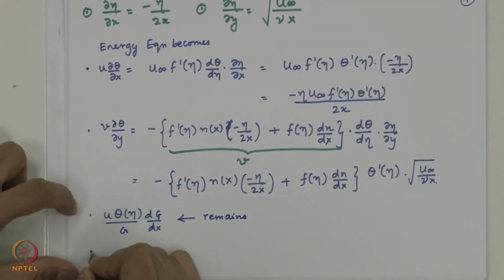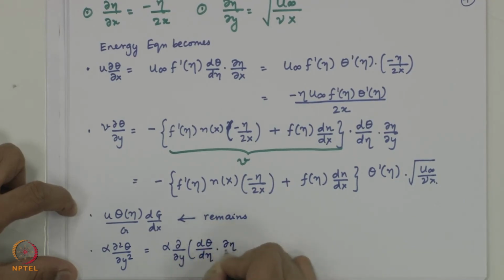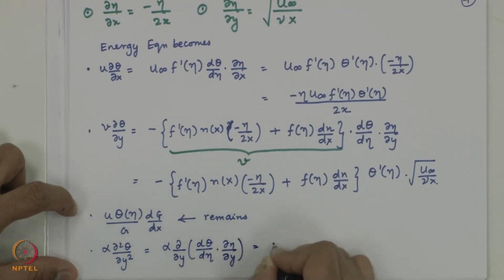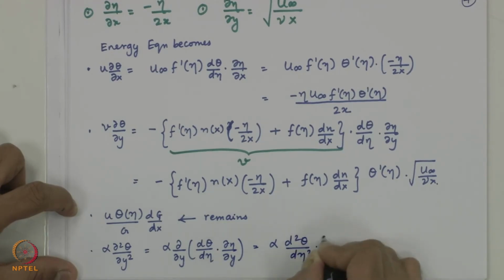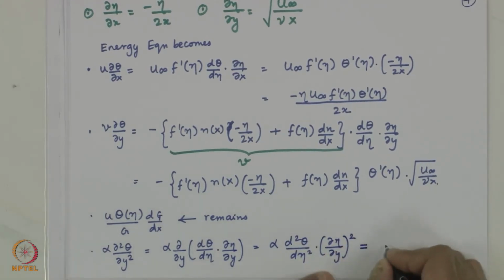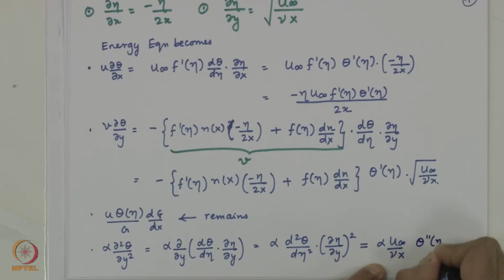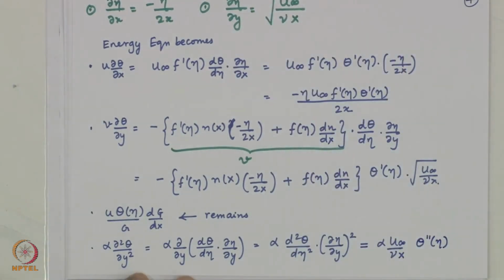Fourth term, α d²θ/dy², is α d/dy of dθ/dη dη/dy, or α d²θ/dη² (dη/dy) whole squared, which will give you α u∞ by νx θ''(η).